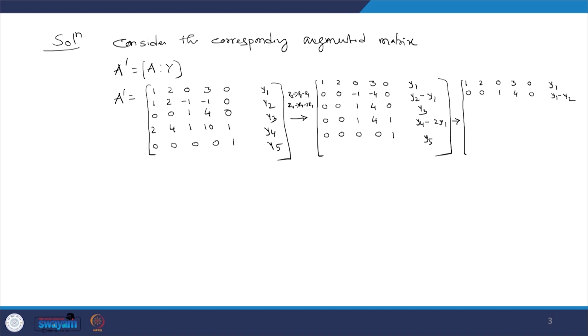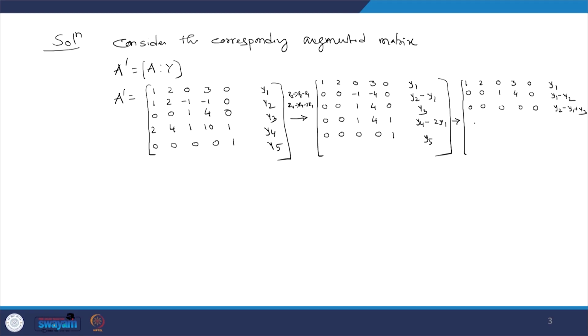R3 I will simply add with R2, so I will have 0, 0, 0, 0, 0 and y2 minus y1 plus y3.